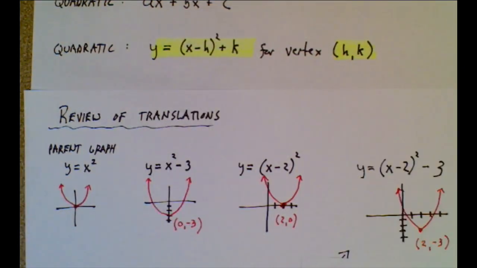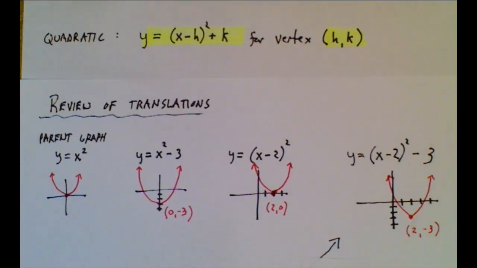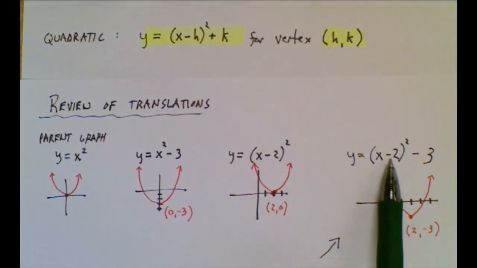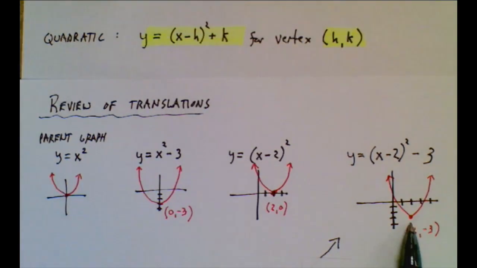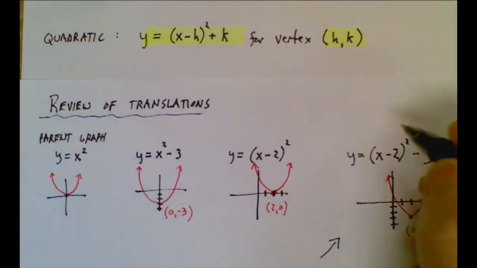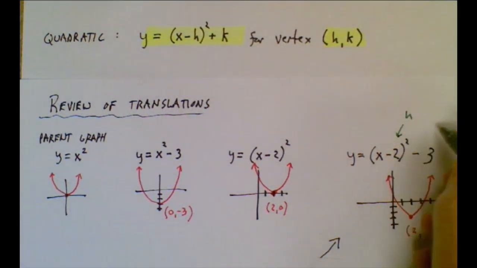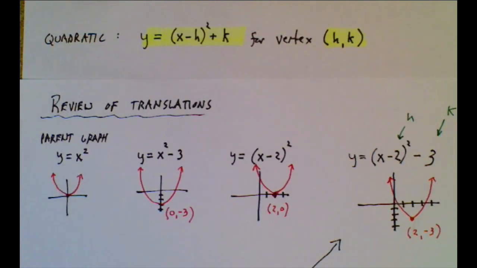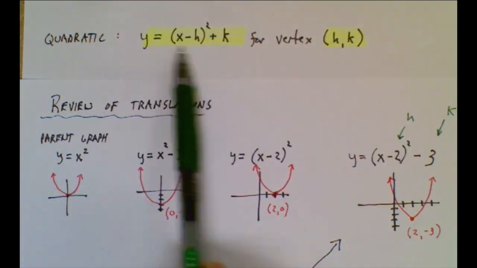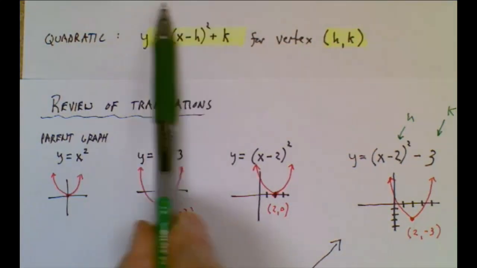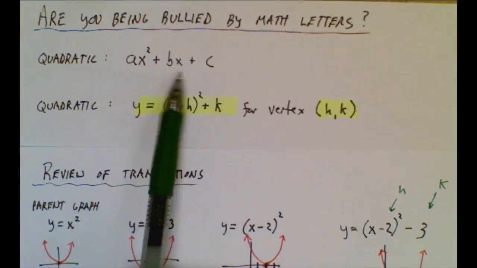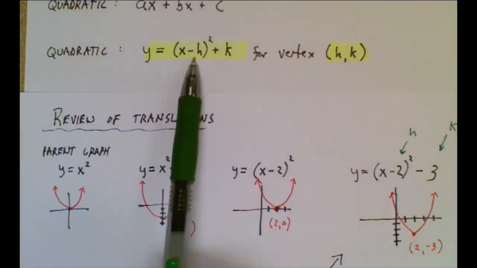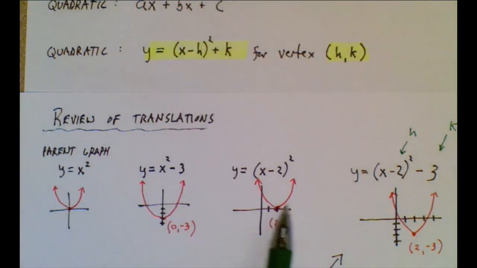You could put them all together and you would get a translation 2 units to the right, 3 units down, and that is where your eyeballs start looking to think about the h and the k. So when you start seeing this form of the equation in place of that form, just realize that this is just being written in a style that helps you understand the translations better.